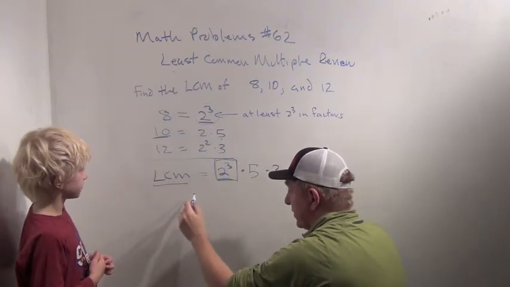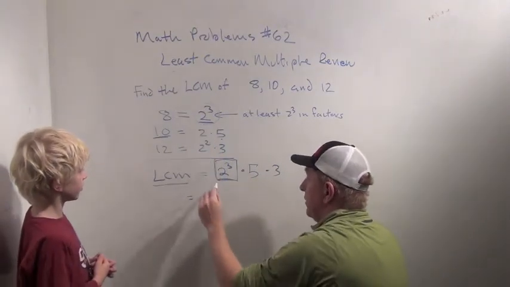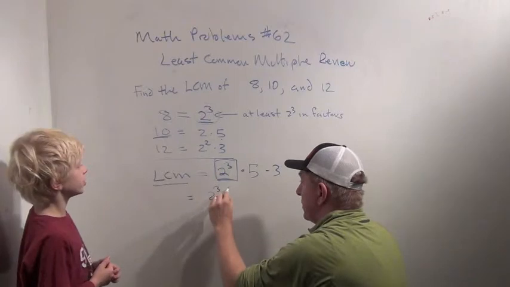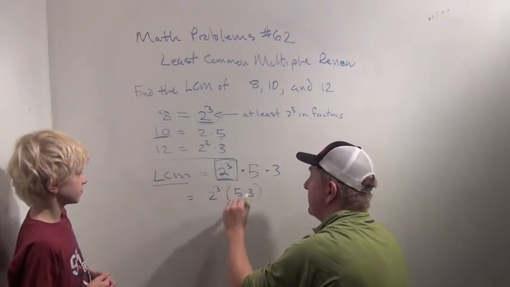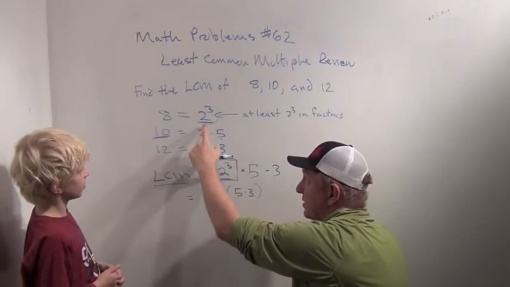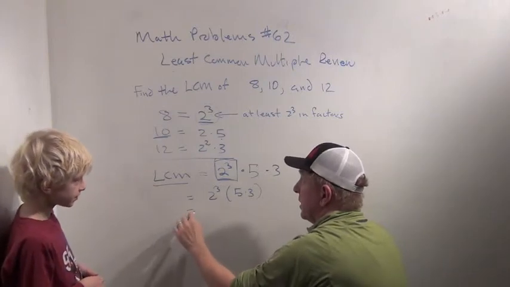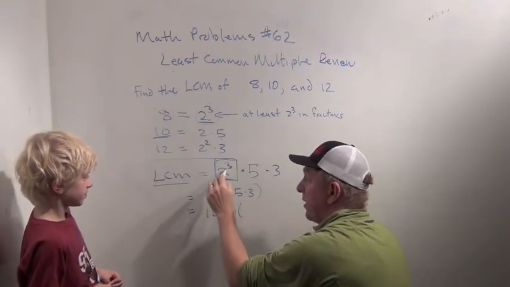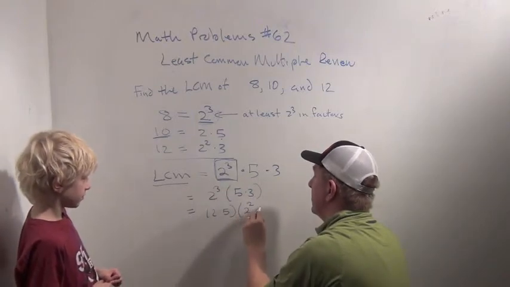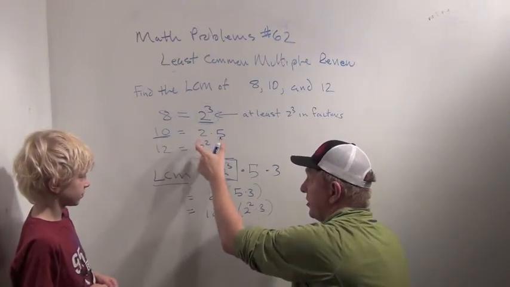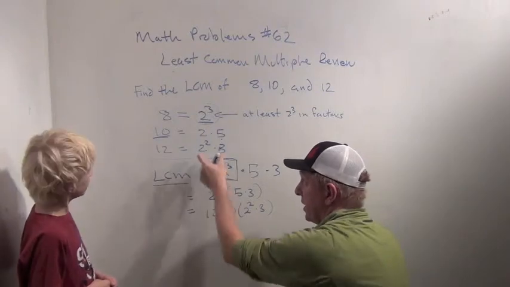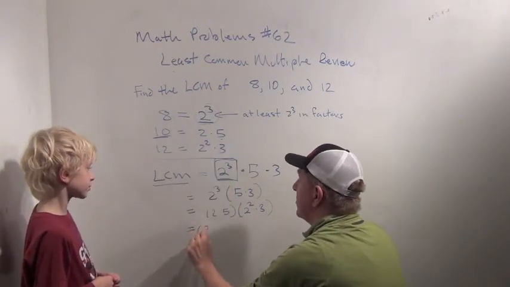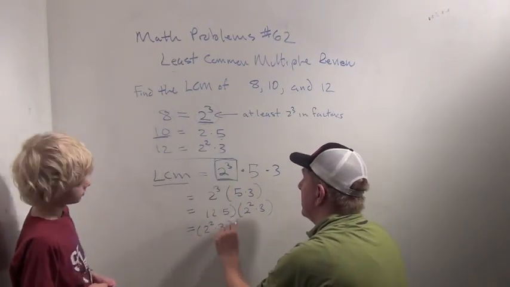So now let's look at this. This is 2 cubed times 5 times 3, or 15. So now I know this is a multiple of 8, right? It's 2 times 5 times, now I would have 2 extra 2's, 2 squared times 3. So I know it's a multiple of 10, right? And it's 2 squared times 3 times what?